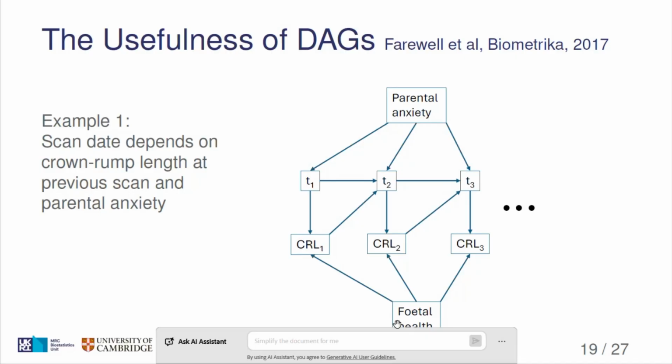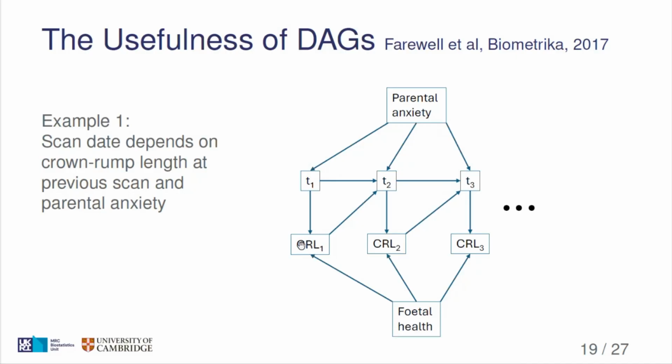The fetal health is affecting the crown rump length, and the parental anxiety is affecting the timing of the visits, in the scenario, for example, that they request an earlier scan or a private scan. And then the crown rump length from the previous visit is affecting the timing of the next visit.